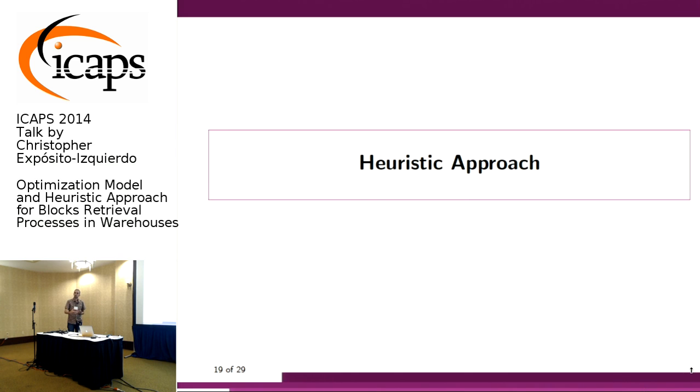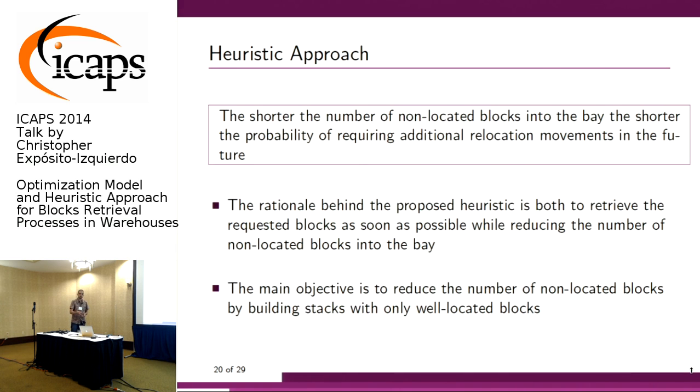So in order to solve this drawback, we have also proposed a heuristic approach based on the idea, from the description of the Q-blocks relocation problem, that the smaller the number of non-well-located blocks, those blocks currently placed above other blocks with higher priority, the smaller the probability of requiring additional relocation movements in the future.